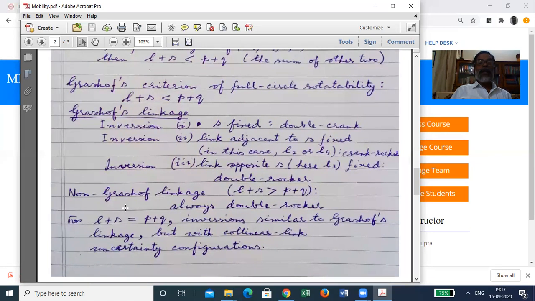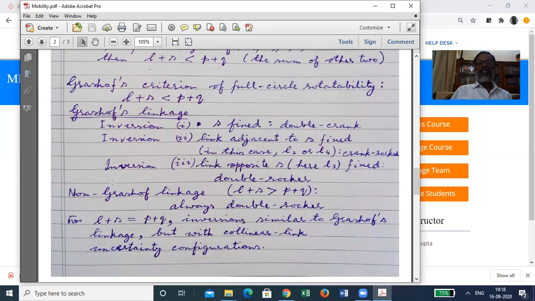Now you will say, what if they are equal? For example, this is 3, this is 7, and this is 4, this is 6. So 10 and 10. Okay. So in that case, all inversions would give you situations like Grashof's linkage, except that there will be a collinear link uncertainty configuration.